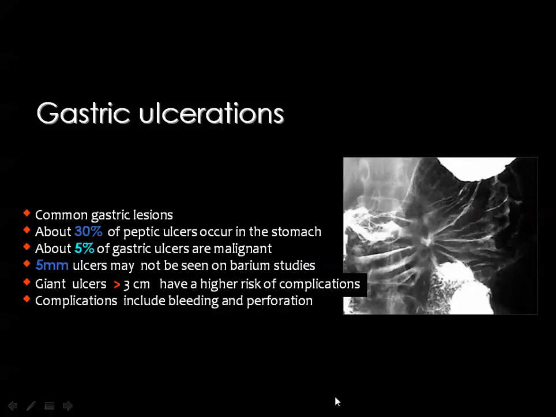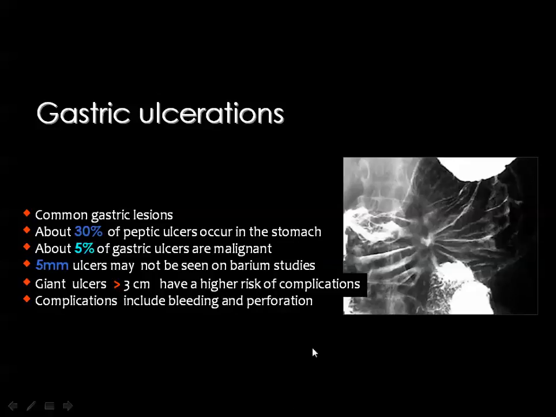Then we come to the gastric ulcers, and we have two types, the benign type and the malignant type. Gastric ulcers are common, and about 30% of peptic ulcers are seen in the stomach, and about 5% of gastric ulcers are on the malignant side.